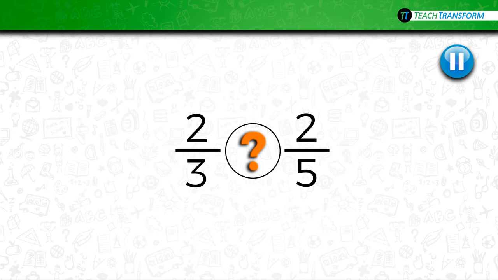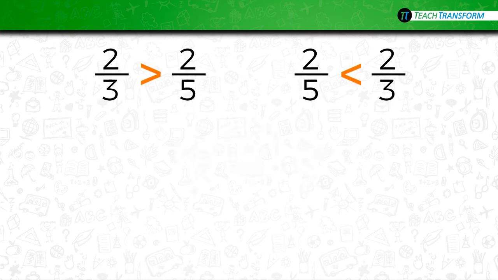Pause the video and discuss, and then do part 3. So in part 3, you had to write some comparisons. There are 2 ways to write the comparisons. You can write 2/3 is greater than 2/5, or you can write 2/5 is less than 2/3.